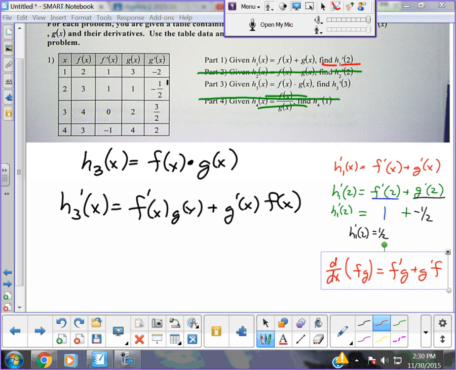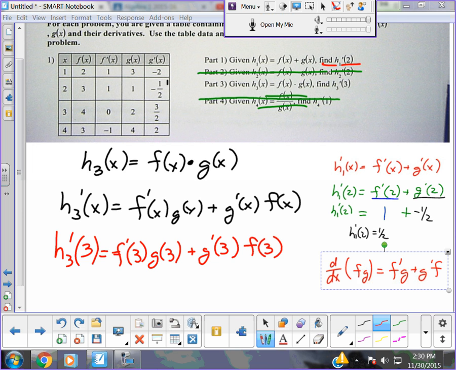I want h3 prime of 3. So it's f prime of 3, g of 3, plus g prime of 3, f of 3. I have to read my table carefully here and not make a math mistake. That's my number one error. So I'm going to box in all the 3's.